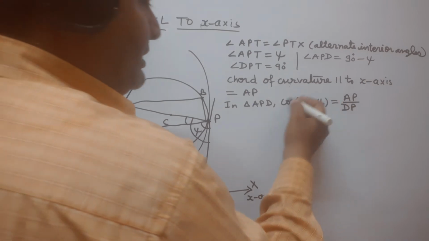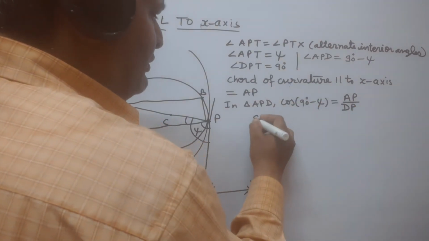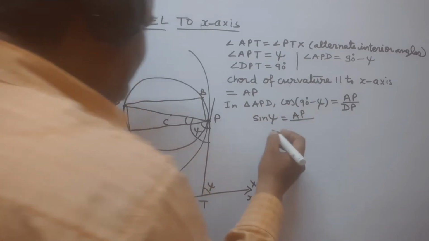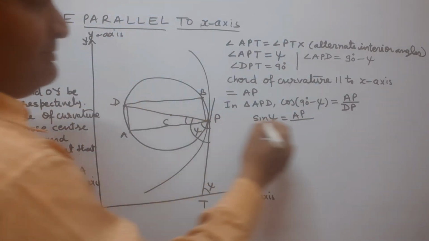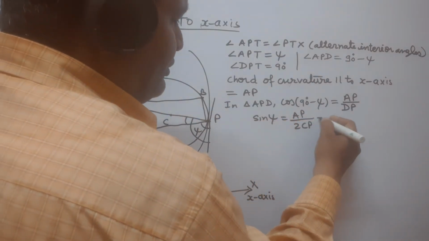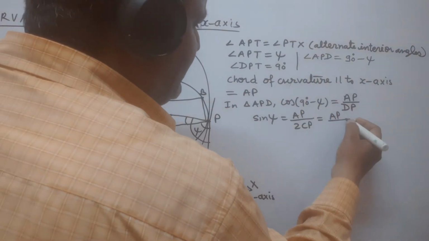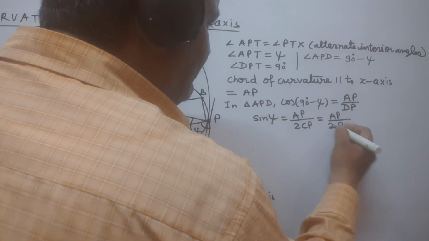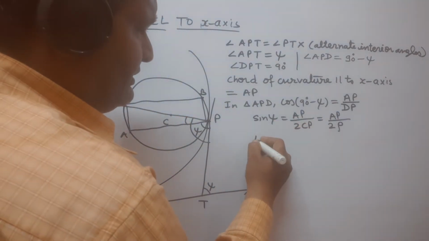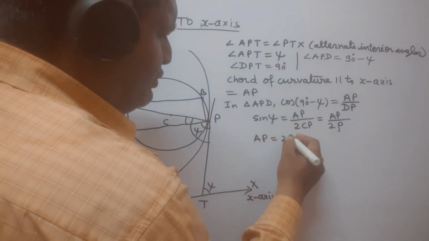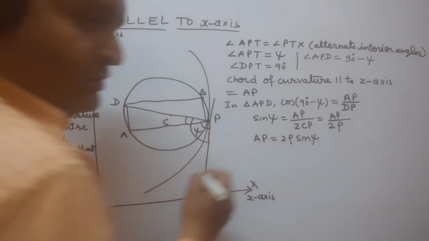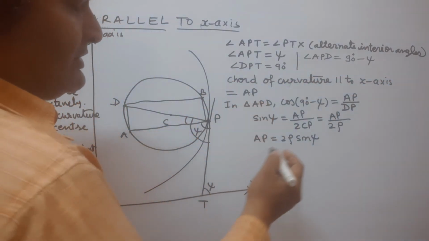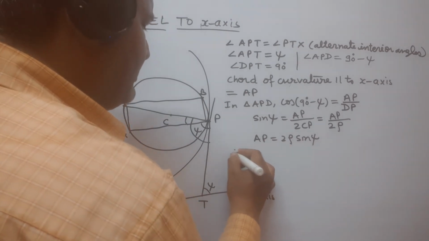And cos 90 minus psi is equal to sin psi, so AP upon DP, where DP is twice of CP. CP is the radius of curvature of this circle of curvature, denoted by rho. So AP is equal to 2 rho sin psi.